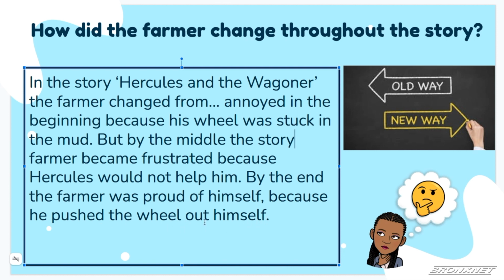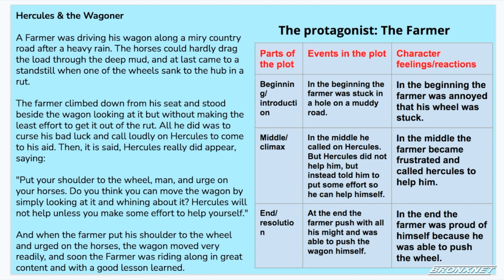So guys, let's recap. If we're talking about how a character changes throughout the story, we're talking about how that character started in the beginning and then how that character became at the end, right? So quick recap. We always need to make sure that we separate our plot. So our plot, what happens in the beginning, middle, and end.